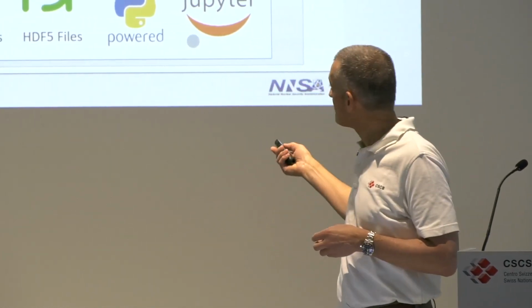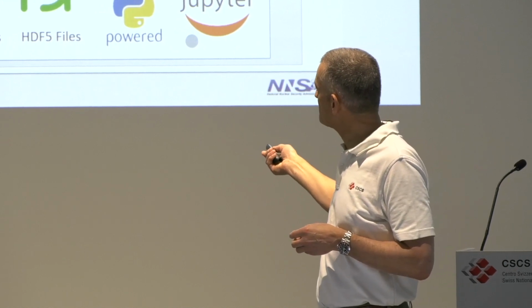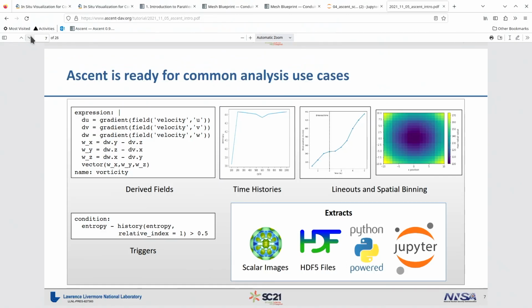And then in Ascent, we also have the extract. One of the extracts is actually, for example, writing HDF5 files. And this is actually one of my earliest motivations for using those in-situ libraries.